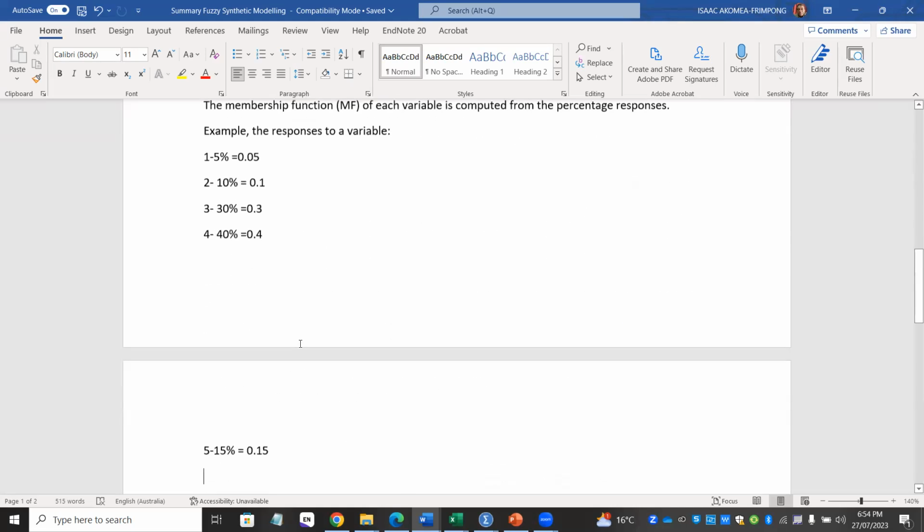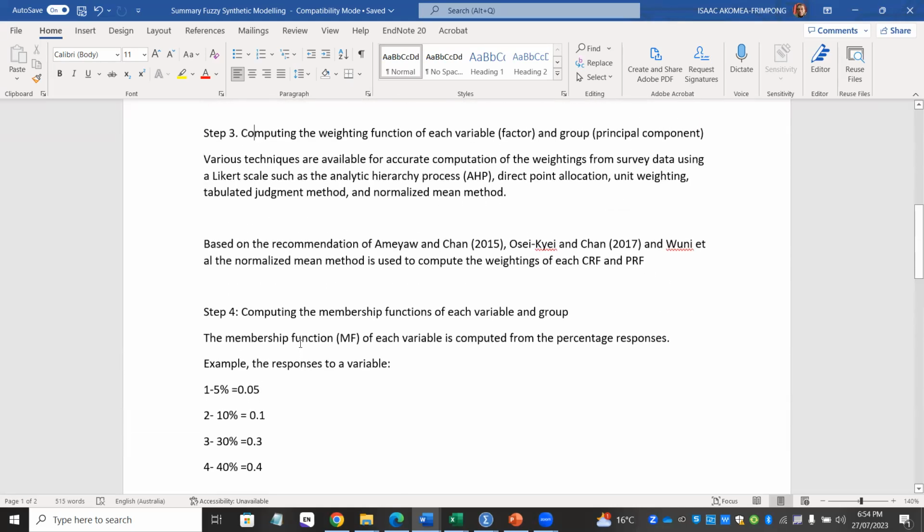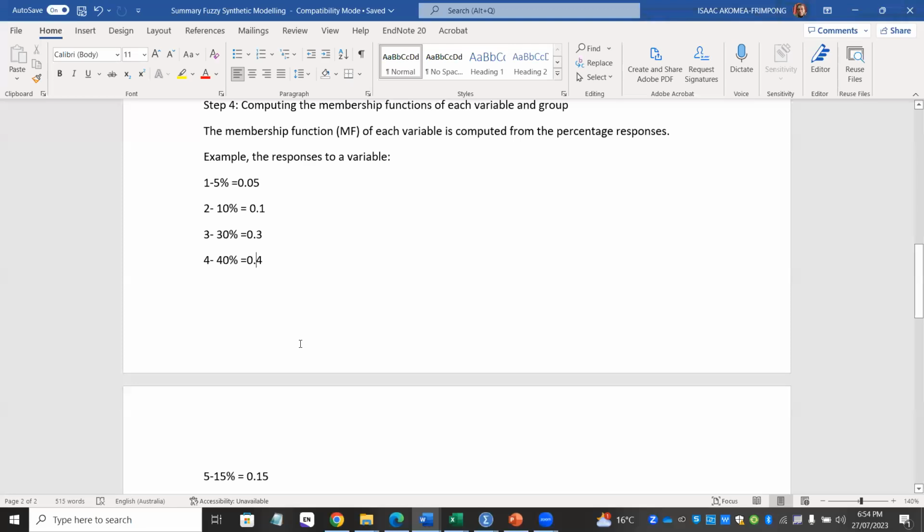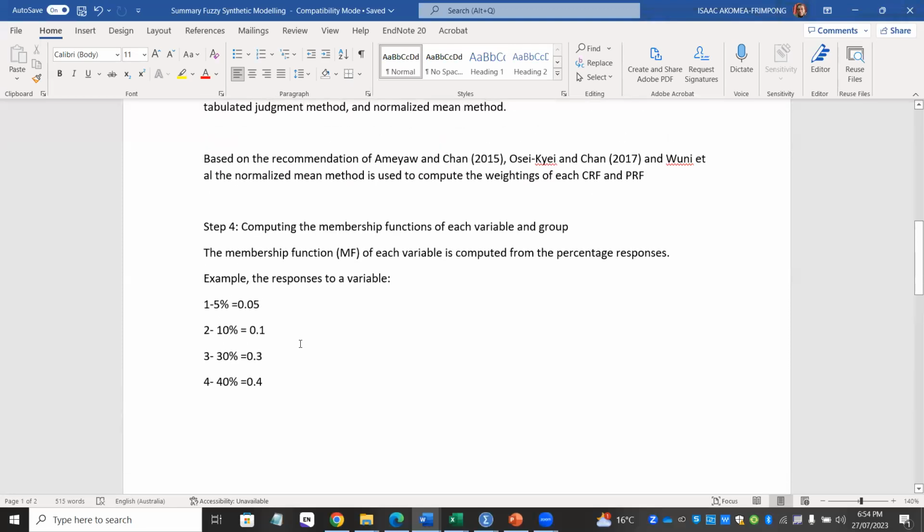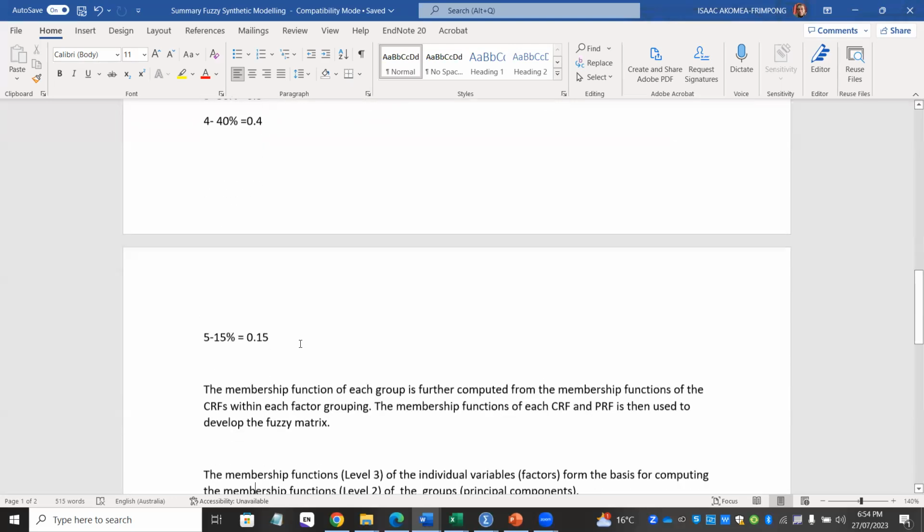And then once you are done, you come to the step where you have to compute the membership functions of each variable in the group. So we'll get there too.